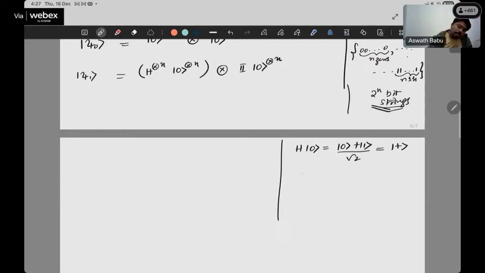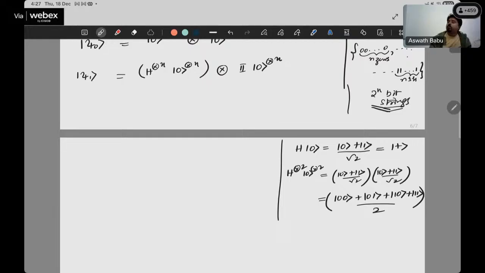And H tensor 2 acting on 00, I'll be getting 0 plus 1 divided by square root of 2 tensor 0 plus 1 divided by square root of 2. So this is 00, 01, 10, plus 11, divided by 2. By the way, you can write this as plus ket tensor 2.